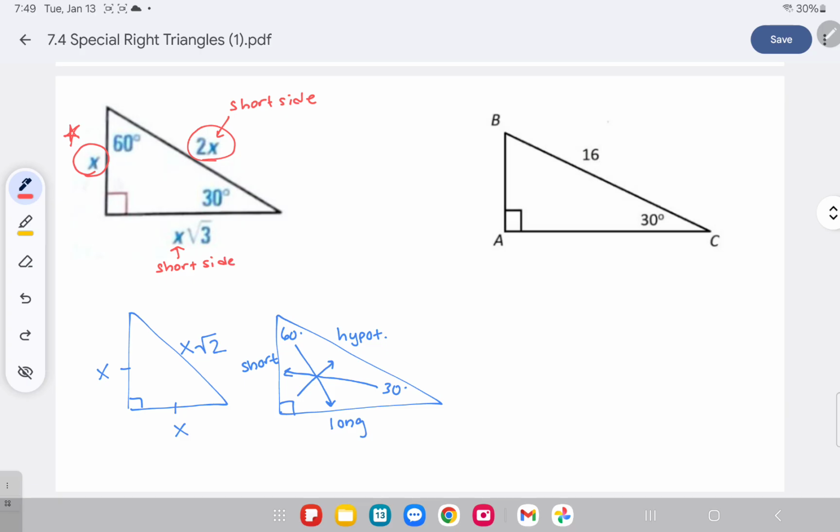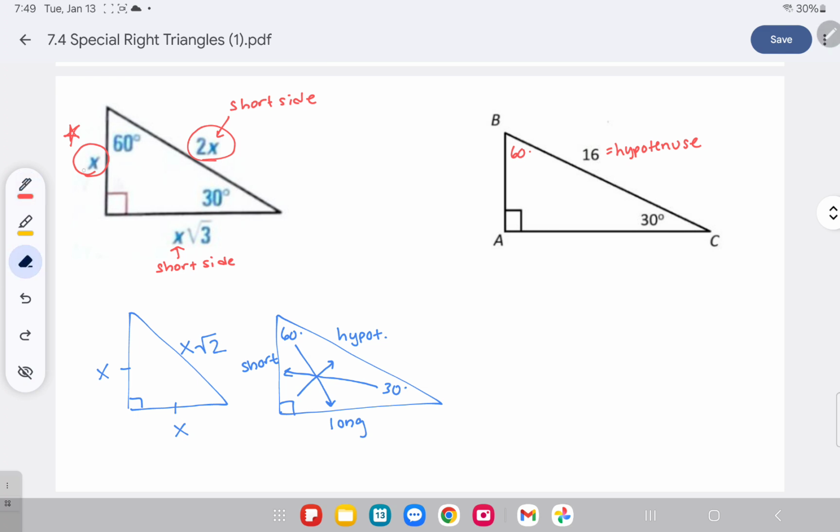So in this first picture off to the right, we have a 30, 60, 90 right triangle. We can see the 30 degrees and the 90 degrees, which means the one that's missing is 60 degrees. And in this case, we know the hypotenuse. Our hypotenuse is 16. But I told you that it's helpful to know the short side. So because the short side is missing, that's the first side we're going to find.